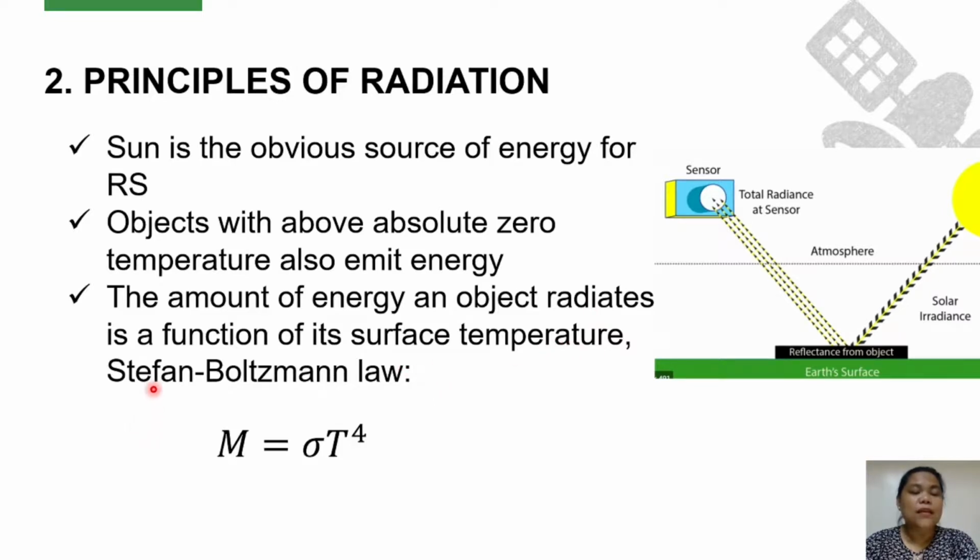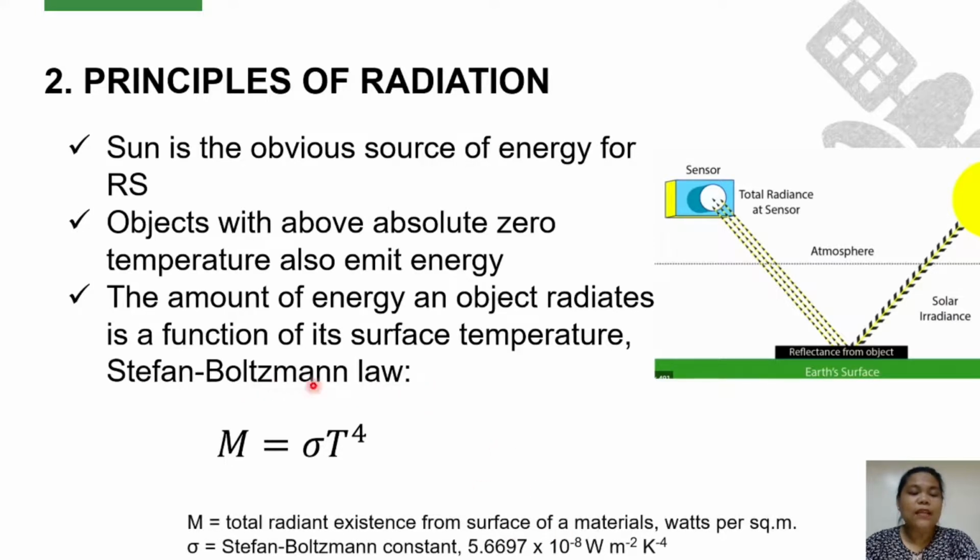This is stated in the Stefan-Boltzmann law, which states that the amount of energy radiated from the object is directly related to the fourth power of its surface temperature. In other words, the higher the temperature of the surface of the object, the higher is its energy emittance.